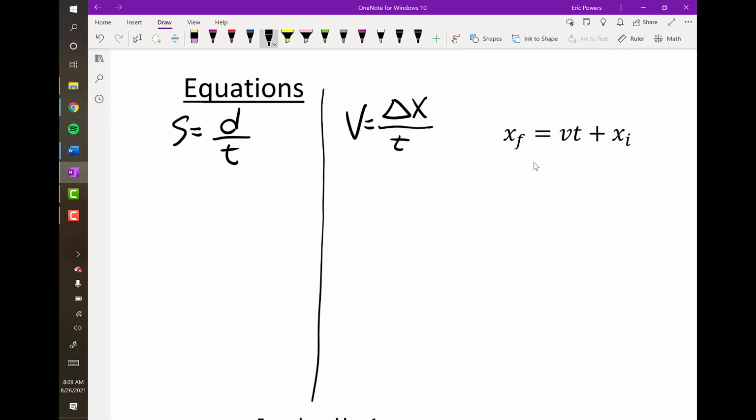So if I want to rearrange both of these to solve for the distance or the displacement, I could move that time over to the other side for both of them, and it's speed times time, or you could have displacement equals velocity times time. So you can see how they're similar.